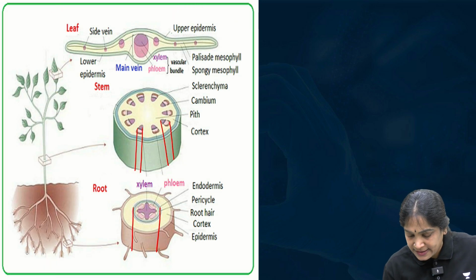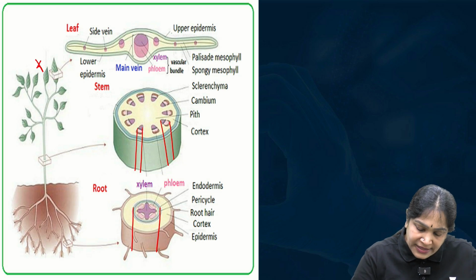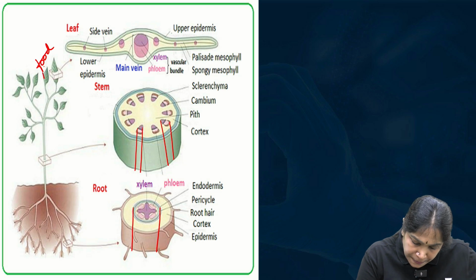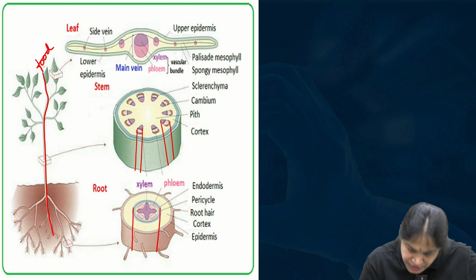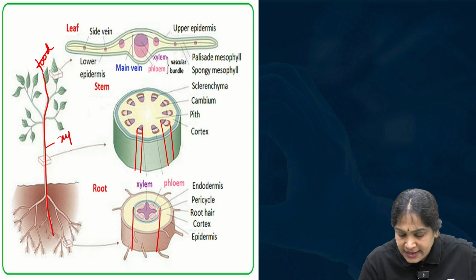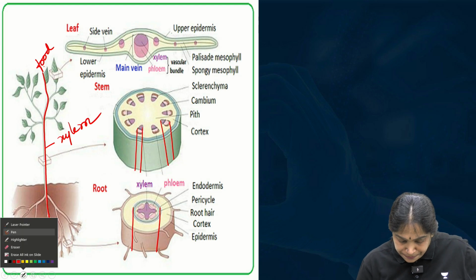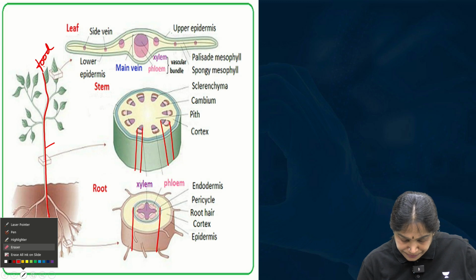I hope it is clear. Look at here, the food material from the leaves goes to the roots through a straw-like structure called xylem. Okay, and sorry, phloem. Food through phloem, right?